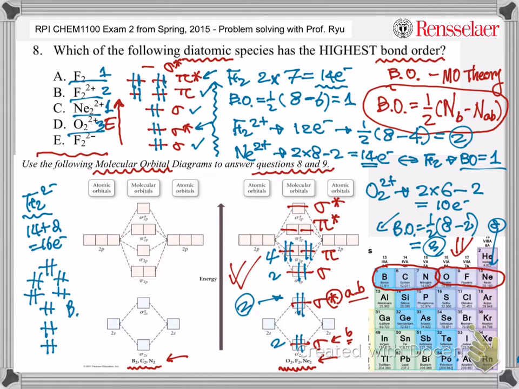The bond order for F2 2 minus is a half of, you have 8 electrons in bonding orbitals and 8 electrons in anti-bonding, so the bond order is 0. That means they do not exist and cannot form bonding. So the one with the highest bond order is the one with bond order 3, which is D. So that's the answer.